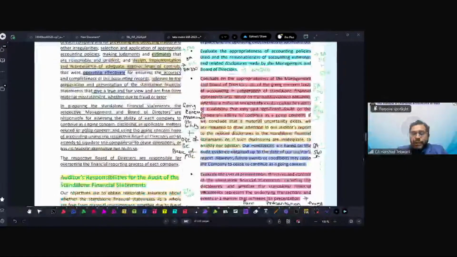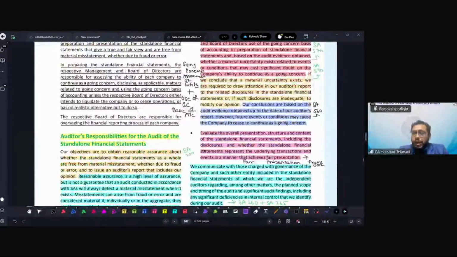Whatever we have discussed in the auditor's responsibility is something that we already know, either in SA 200, 315, 560, 540, 570, different SAs, but the requirements and responsibilities of the auditors are merged into one particular paragraph so that the reader can understand what the auditor's responsibility is.